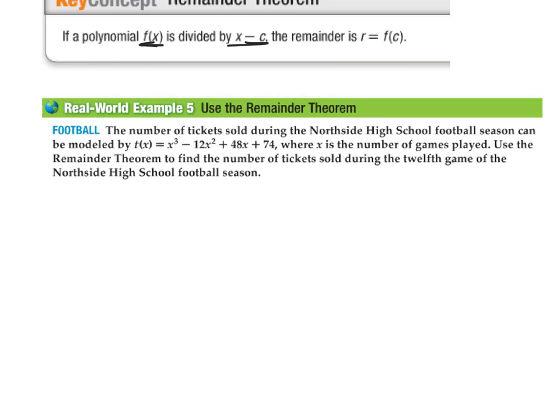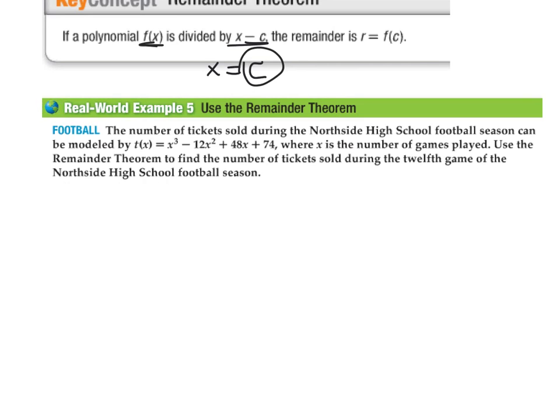In synthetic division, we divide by the c here. What the remainder theorem tells me is that if I input c into the function, then my output is actually my remainder.